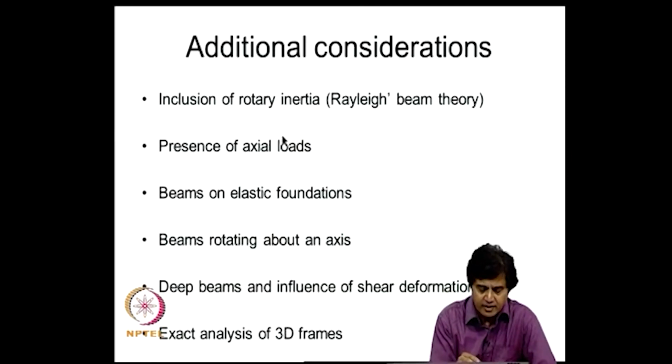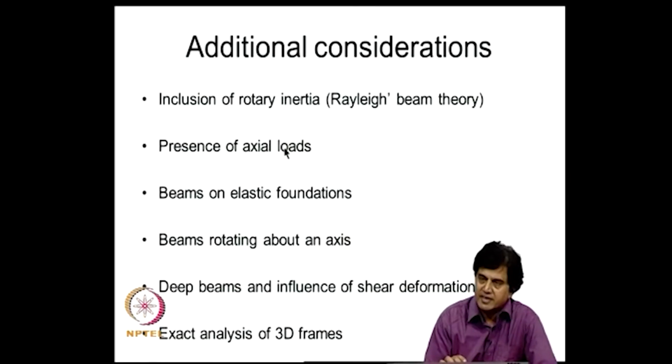One is inclusion of rotary inertia, that takes us to what is known as Rayleigh's beam theory, then presence of axial loads, then beams on elastic foundation, and beams which are rotating about an axis like turbine blades or ceiling fan blades which rotate about a vertical or horizontal axis. There are rotors in machines, shafts which spin, that I have not considered, but that also is a special case that we need to think of.